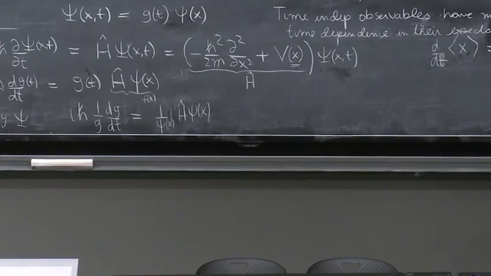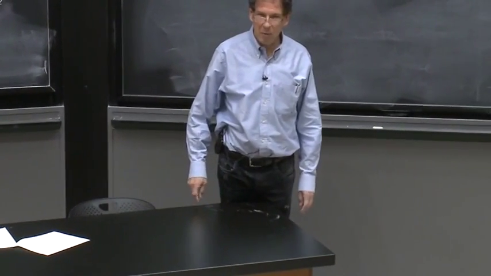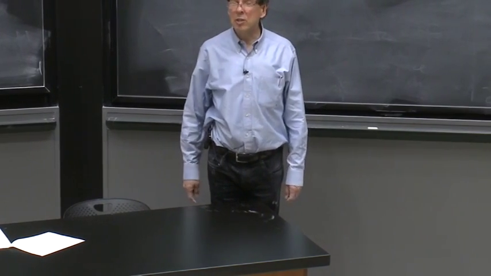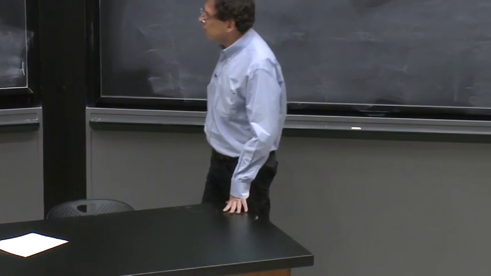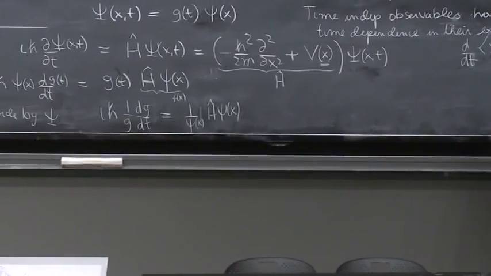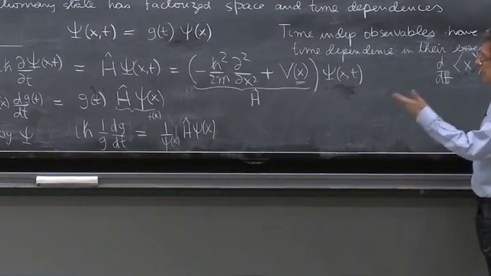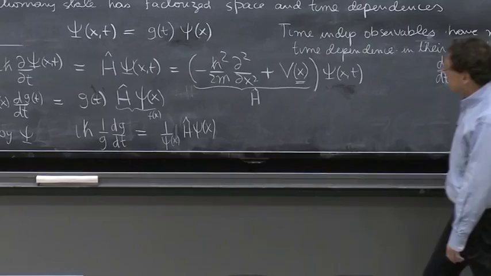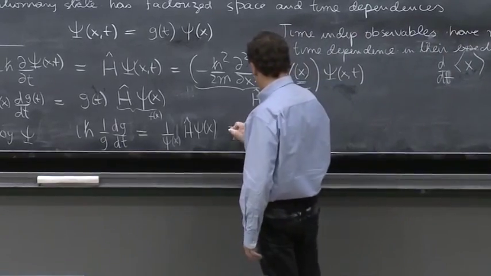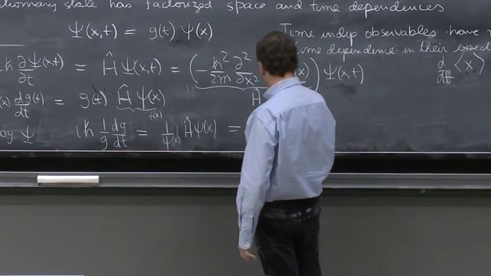The only way it can be is if both are not a function of what they were supposed to be. They're just numbers. Any function of time cannot be equal to a function of x in generality. It just doesn't make sense. So each side must be equal to a constant, and it's the same constant. So each side, this is all equal to a constant.